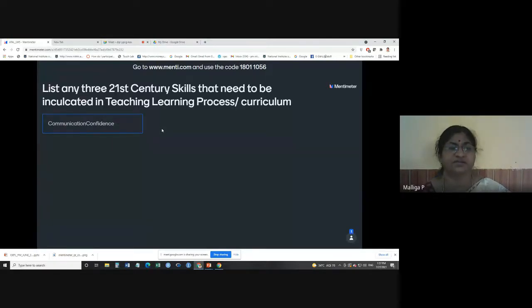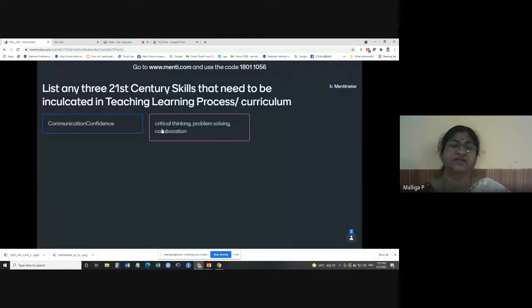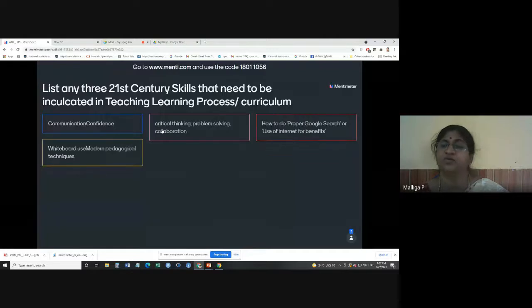Somebody says communication and confidence. Great, great. I would like all of you to participate. Critical thinking, problem solving, collaboration, right? How to do proper Google search or use of the internet for benefit. Good.